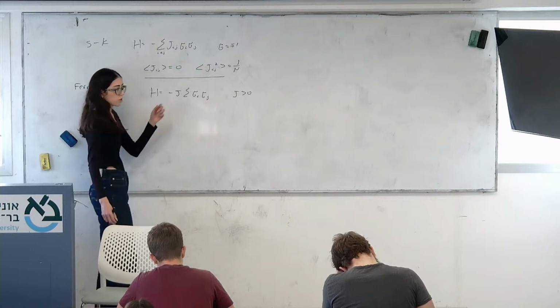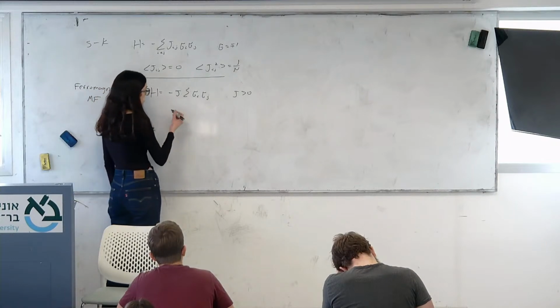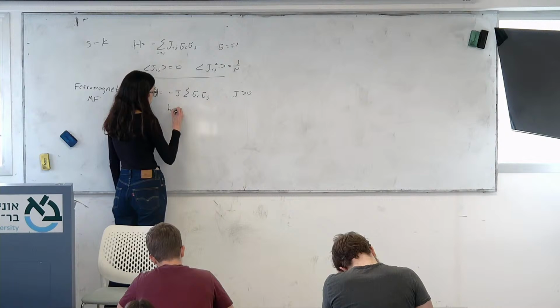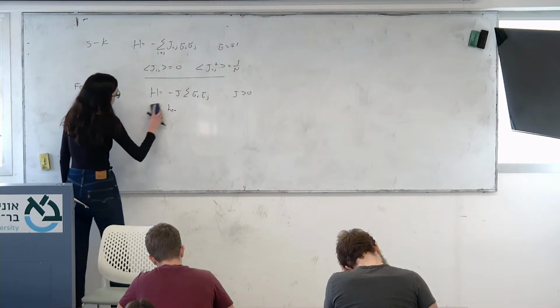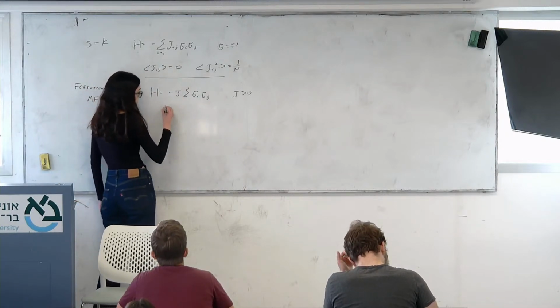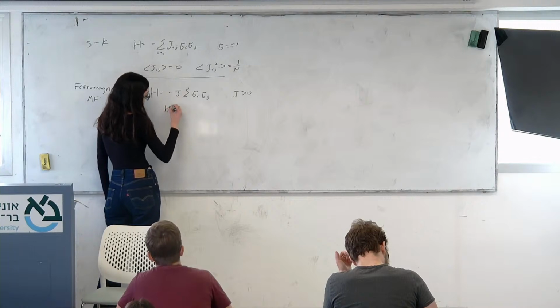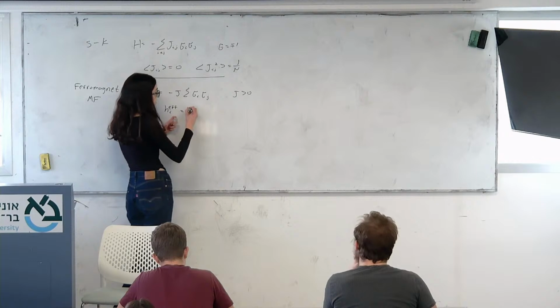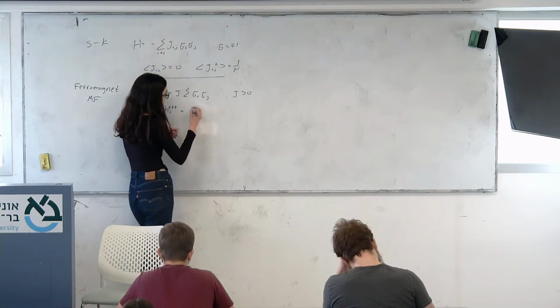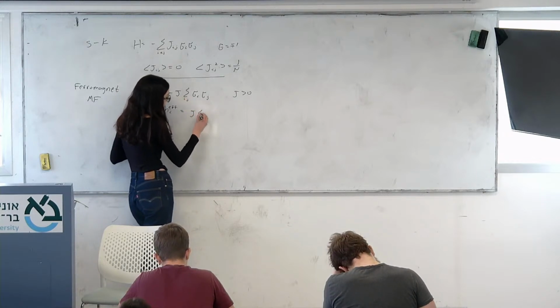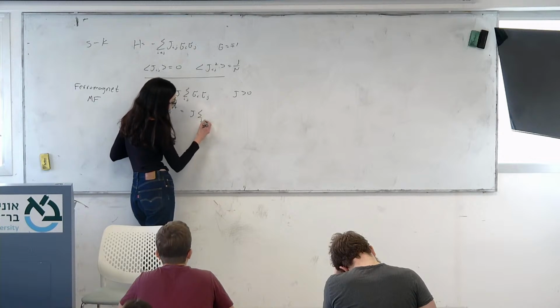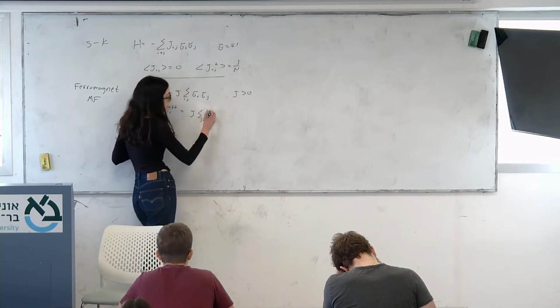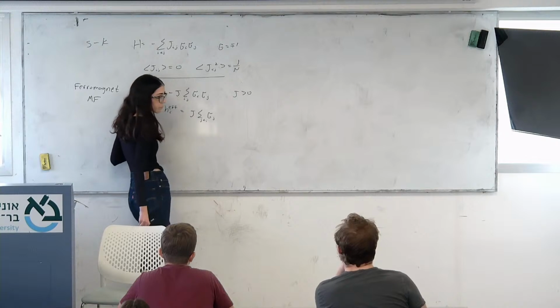And to solve this Hamiltonian, I define some kind of effective field. I call it h_i effective, and I say that this effective field is equal to J times the sum over j, let's say j smaller than i or something, of sigma_j.